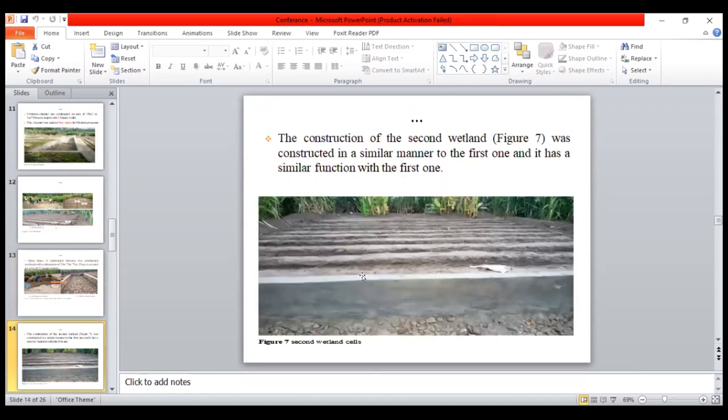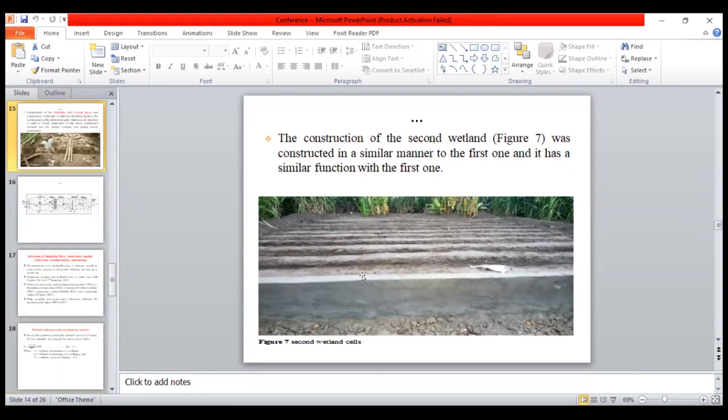And this is the second wetland, similar to the first one and with a similar function, through which the coffee wastewater is discharged.